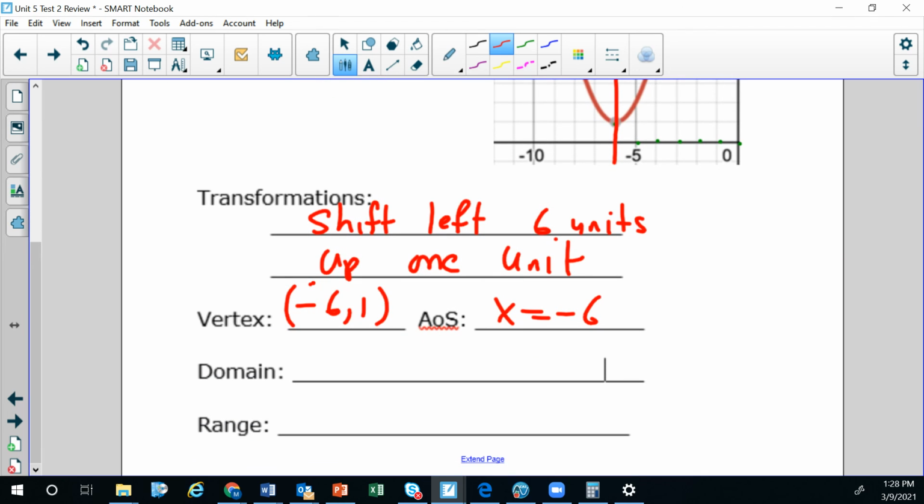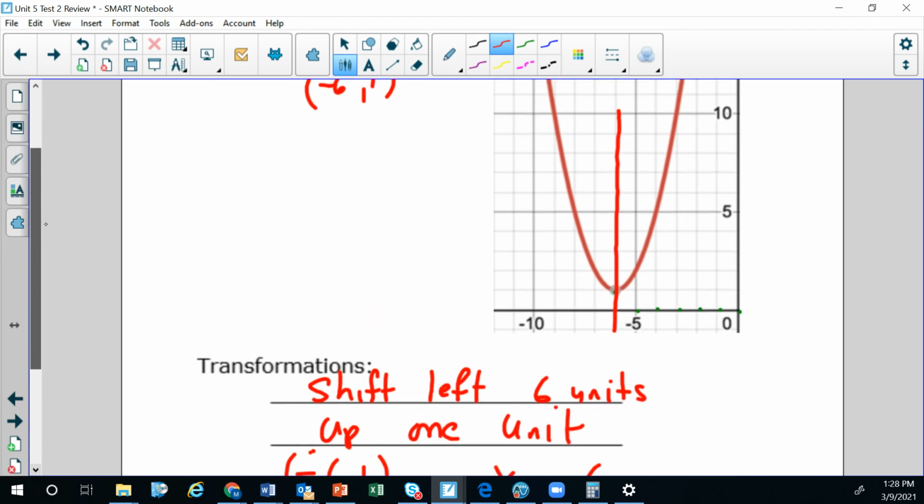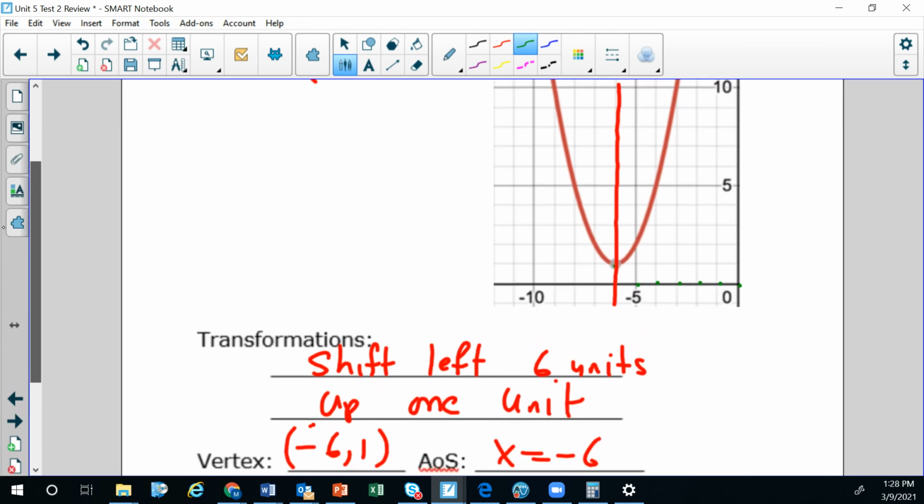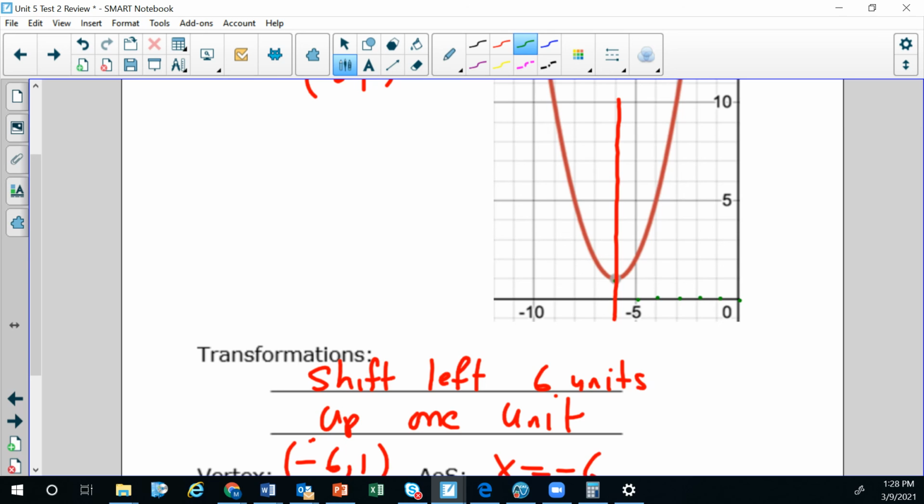Okay, domain, again, look at the graph. It's going to be all real numbers, from -infinity to positive infinity. And the range, I'm not going to use my ruler trick anymore, but if I go up, I'm going to hit the graph at 1 on the y-axis.